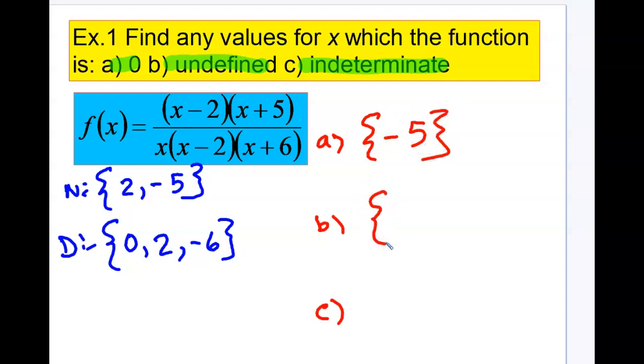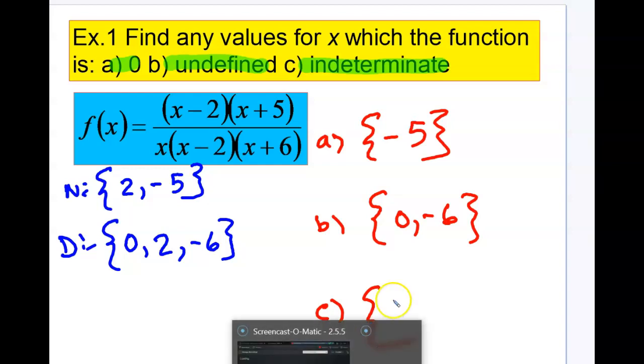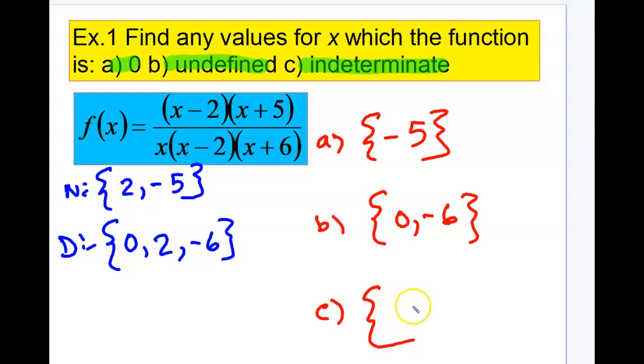For making the function undefined, those are values of x that make the denominator 0 but not the top, so that would be 0 and -6. Finally, values that make the function indeterminate are values that make both the top and the bottom equal to 0, and that would be the value of 2.